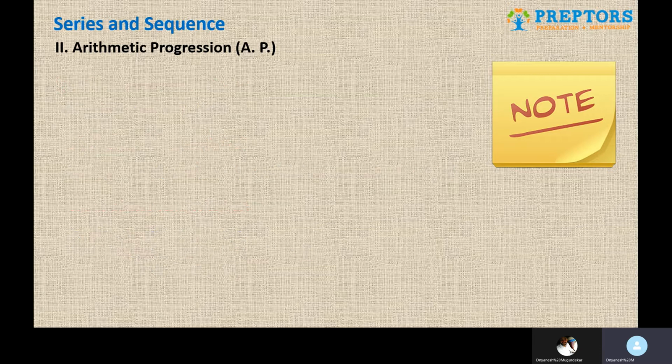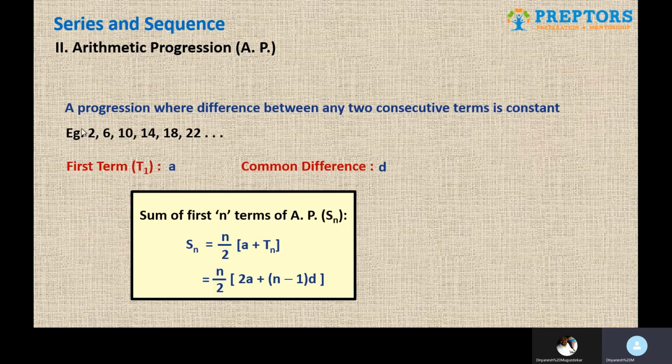Now for example, if I just very quickly go back to that series, I know it's an AP, and suppose I want to restrict it to just three terms, which is the first three terms, which are 2, 6 and 10. It's an AP 2, 6, 10, common difference is 4. The middle term in this case is 6, and if you observe, the 6 is the average of all these three terms. To get the average, I have to add all three of them: 2 plus 6 plus 10, which is 18. 18 divided by 3 will give me 6.